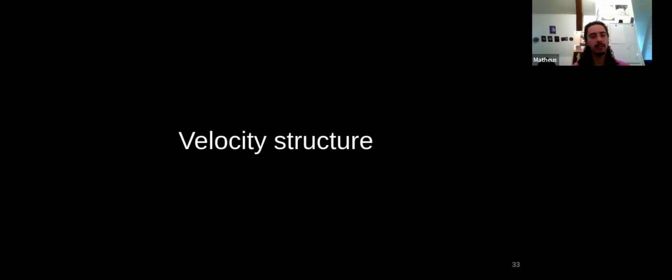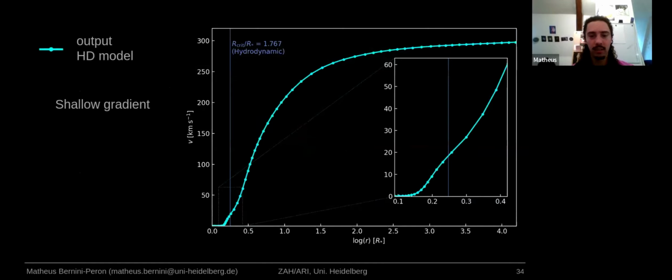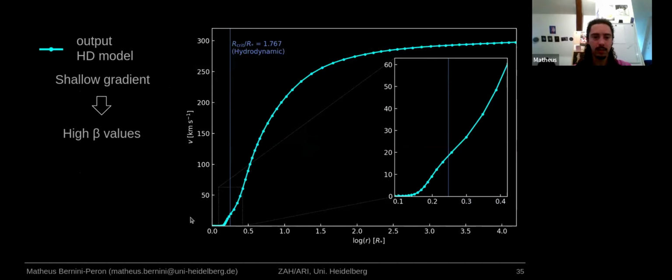And after understanding how the wind is accelerated and launched, we look at the velocity structure that this acceleration produced. Here, I'm again showing our hydrodynamically consistent model, showing the velocity against the logarithm of the radius. This blue vertical line is the critical point, and this is a zoom in of this part. The first thing we notice is that this acceleration profile seems very shallow.